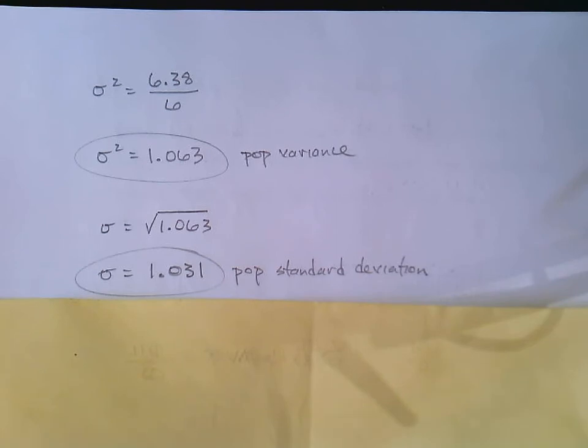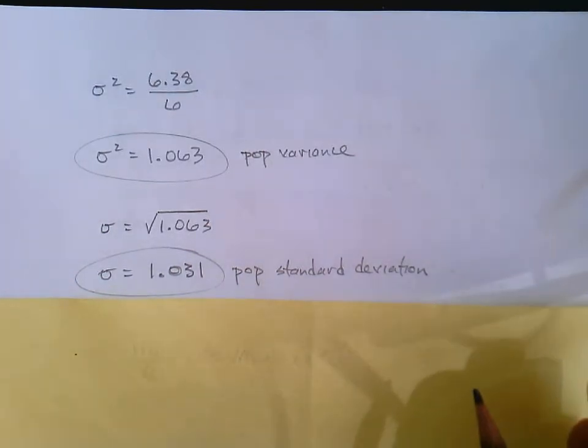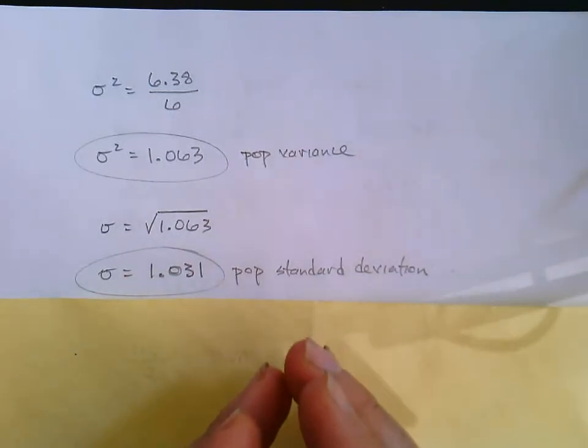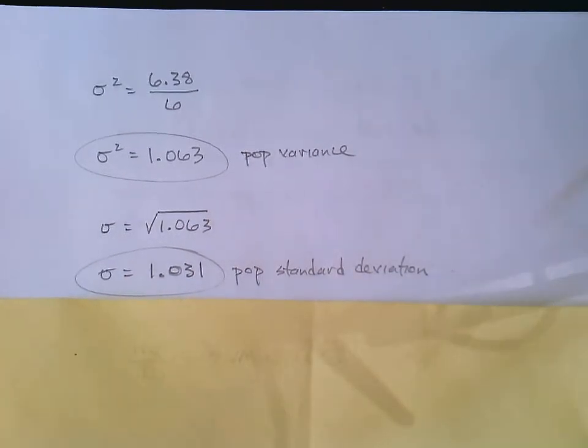All I'm going to say at this point is that the higher the standard deviation, the more spread out your data is. The lower this number gets, the more tightly compacted that data is. So a standard deviation of 1.031 is actually pretty small. You look at that data there, all of the numbers are between 11.2 and 14.3. The range is just a little bit over 3.